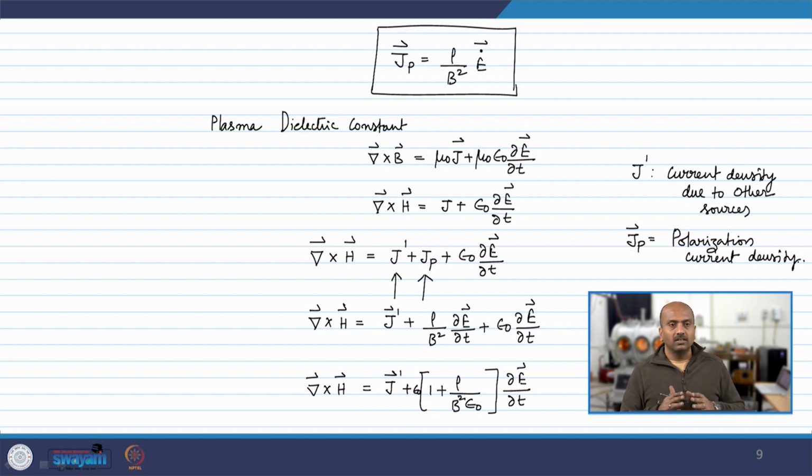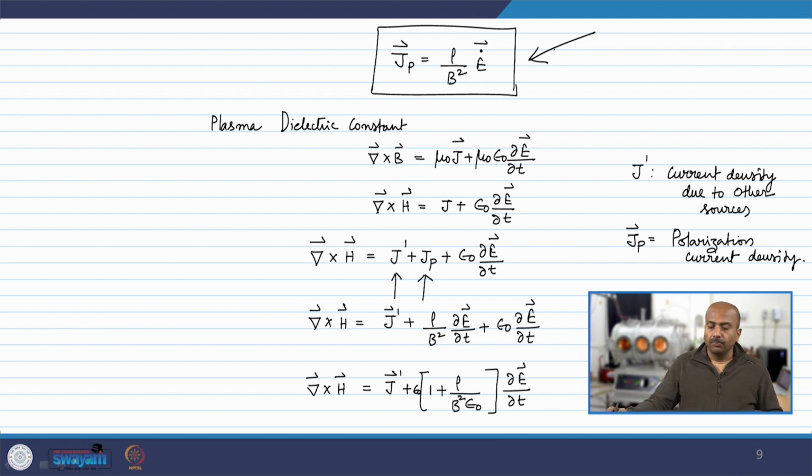That means that when a collisionless plasma is subjected to this type of field, it will separate the charges. All the particles with positive charge will be given a polarization velocity in one direction and all the negative particles will move exactly opposite. That means there is a charge separation. This charge separation leads to currents or current density. So, we have the expression for the current density as Jp equals rho by B square times E dot.